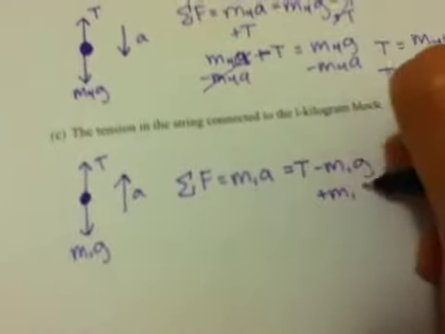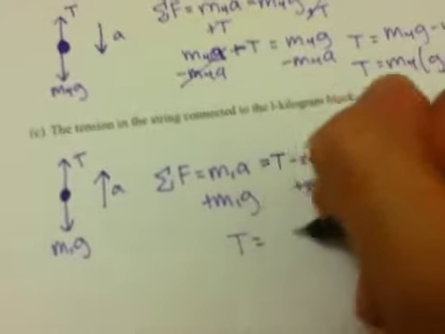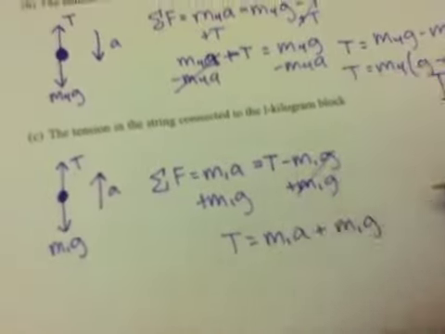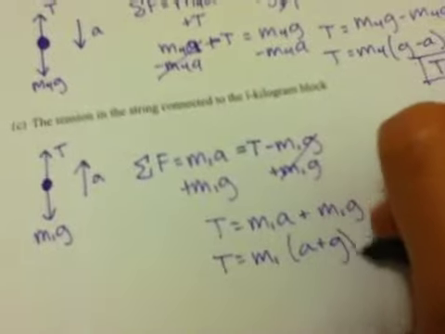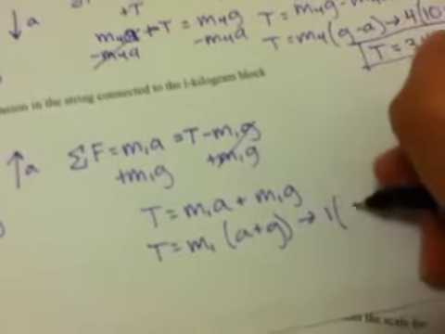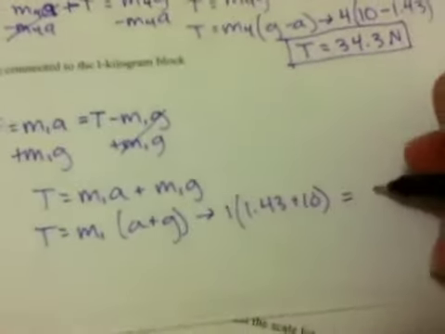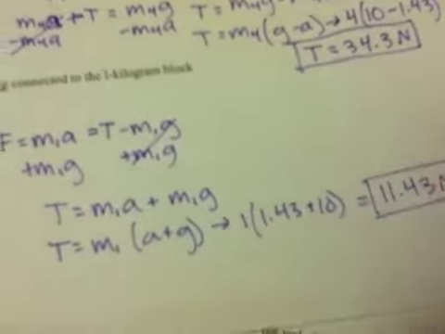It's going to be T minus m1g. We're again looking for T, so we're going to add m1g to both sides. So we get T equals m1a plus m1g, or we could just say T equals m1 times a plus g. Plug that all in, and we get 1 times 1.43 plus 10, which is just going to equal 11.43 newtons. And we're done.